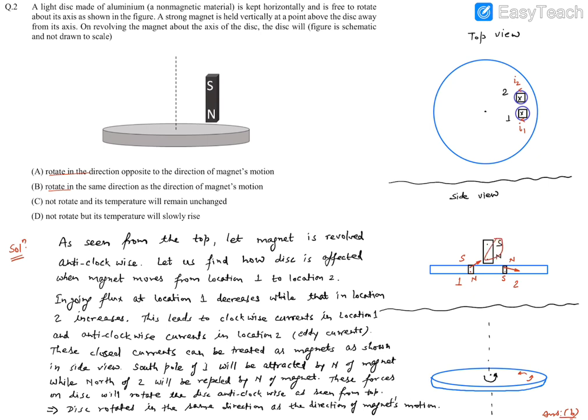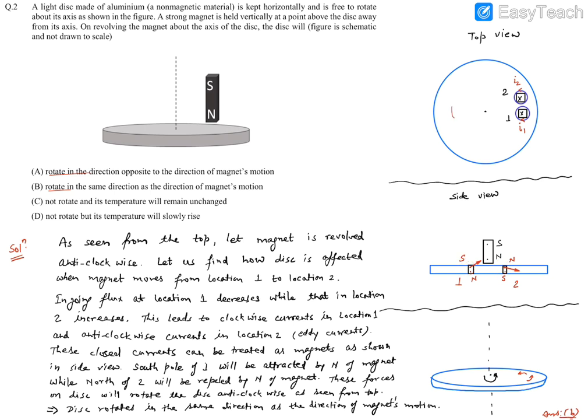And when this magnet is going from 1 to 2, these kinds of magnets can be imagined due to the localized currents that have been developed on this disk. If you are getting this, then we are very close to the conclusion. Now we know not only these two magnets are going to be there.